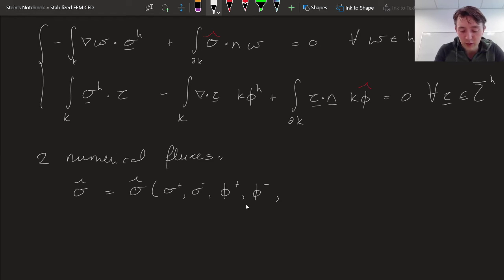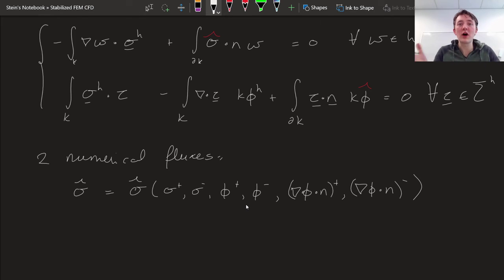And in certain cases, we even write it as a function of the normal gradient of phi on both sides of the interface. So we can put all kinds of stuff in our definition of sigma hat.